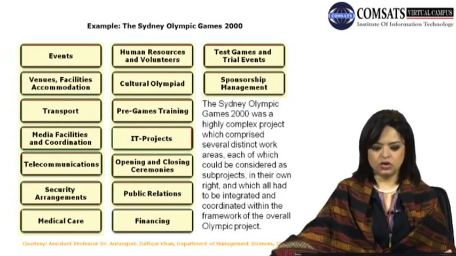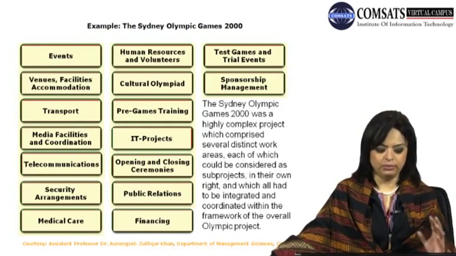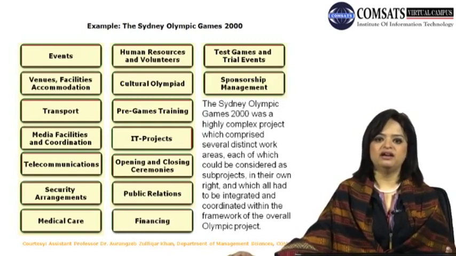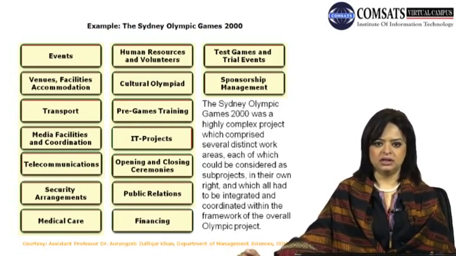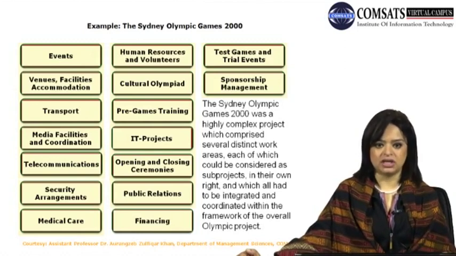So, one of the wonderful examples of a program with multiple projects and how they have to be interlinked for each of the tasks or each of the games that are happening. For swimming, they have to be interlinked. For basketball, it has to be interlinked. For weightlifting, for gymnasium, these are different activities that are going on over a period of time in different venues at the same time.